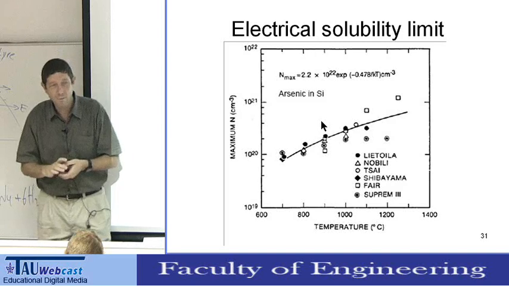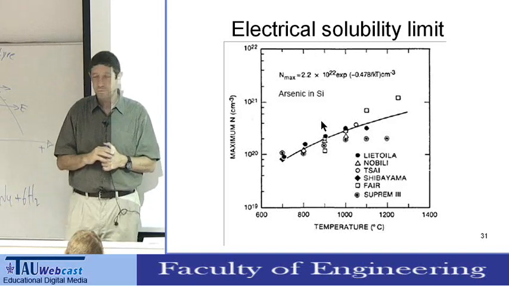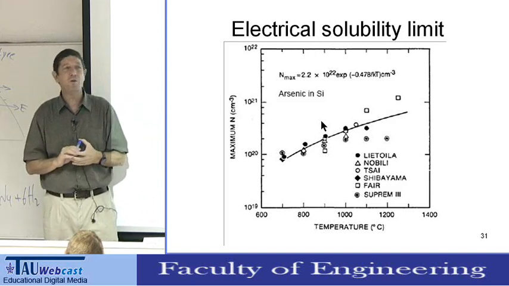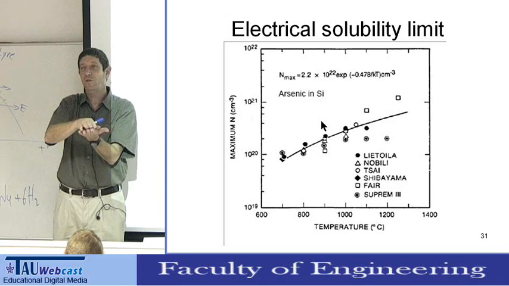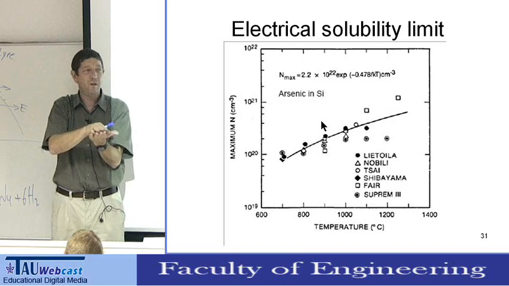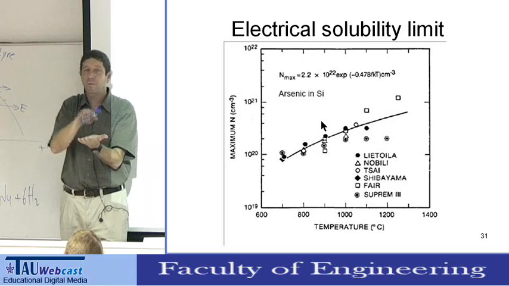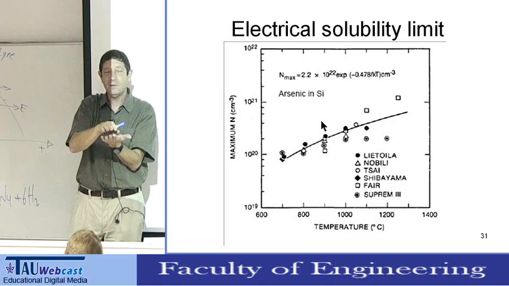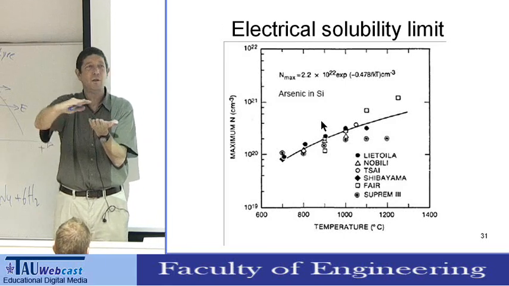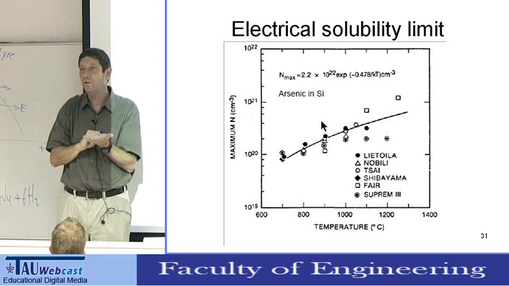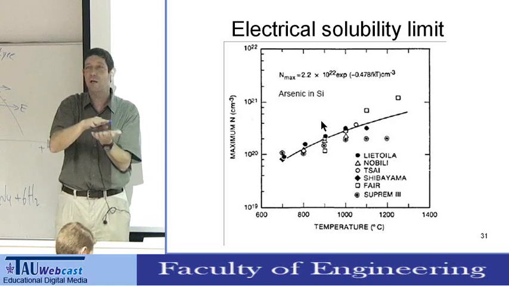In one new process, you illuminate the surface of the silicon with a very short laser pulse. You melt it and then it cools down immediately. It's called laser-induced melting of the surface.